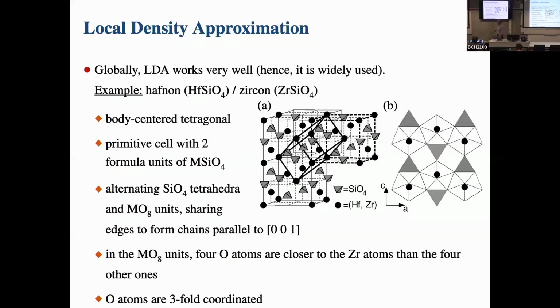The MO8 unit consists of 4 oxygens that are closer to the metal and 4 others that are further away. Each oxygen atom, the corners of my polyhedra here, is connected to 1 silicon in the tetrahedron and 2 of the metals, so they have 3 bonds. Okay, so this is a system.